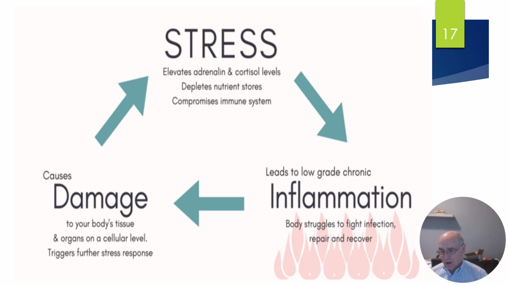It doesn't really go down to baseline. It may be high enough whereby maybe the person doesn't experience any symptoms, but it's still ongoing low-grade inflammation. And ultimately, that will cause, as we've already spoken to, damaged tissue, organs on a cellular level, and that inflammation further drives a stress response.